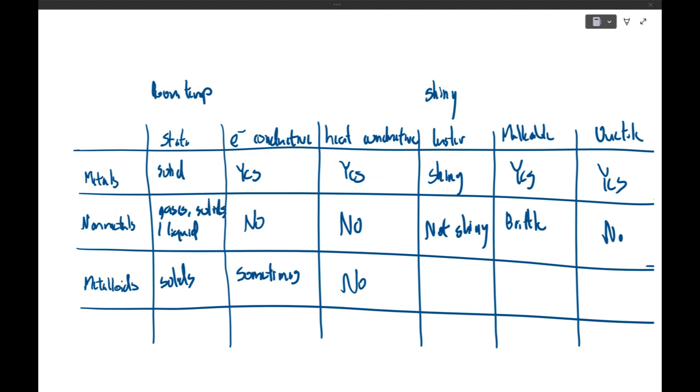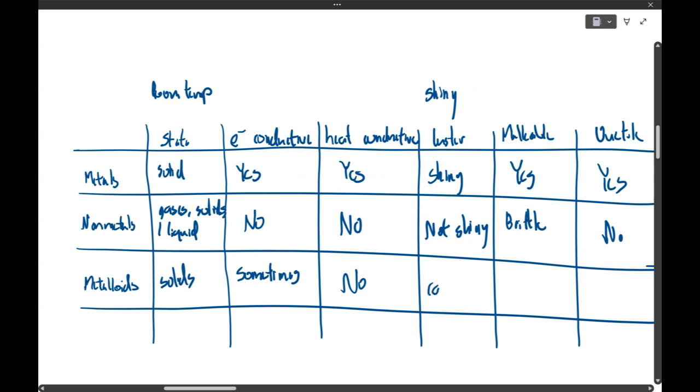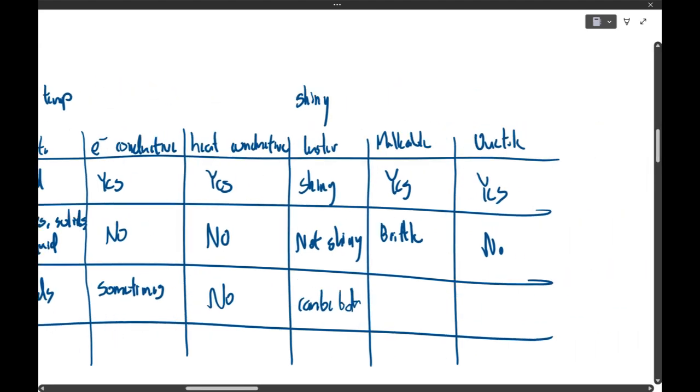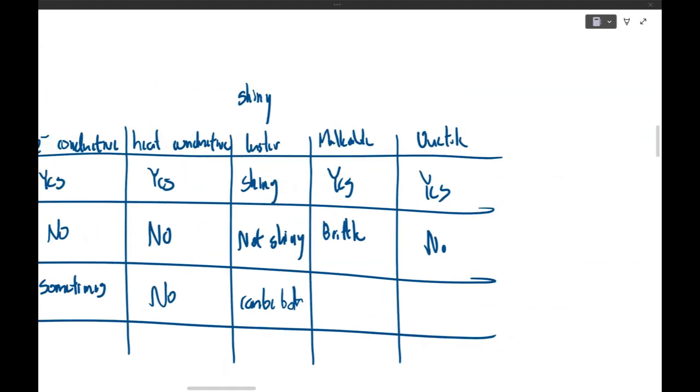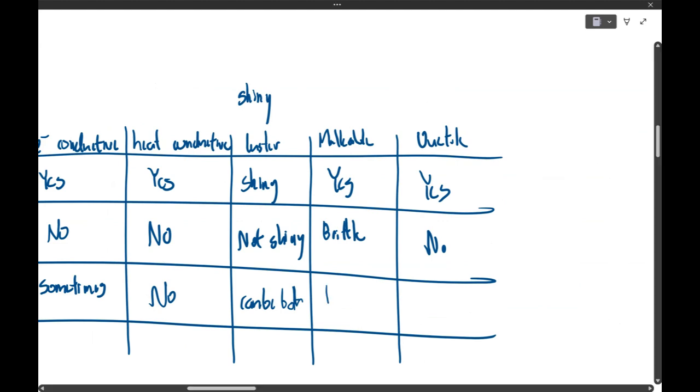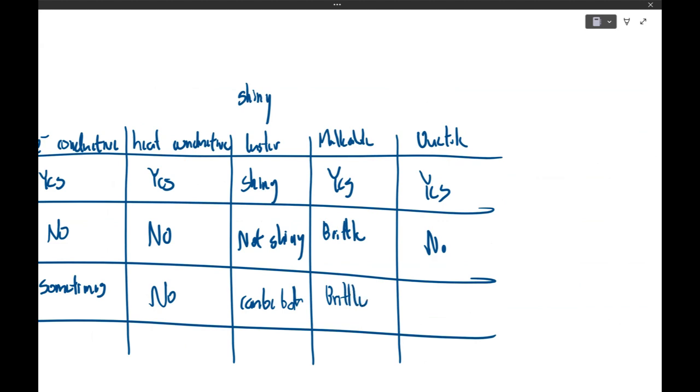They can be both shiny or dull, so it can be both. And in terms of malleability, they are not. So they can be brittle, and as such, they're not ductile.